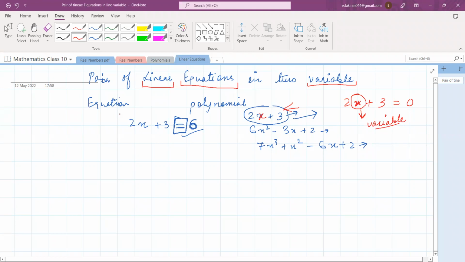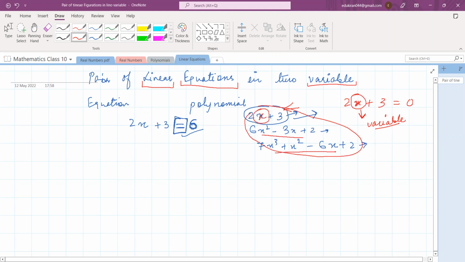Understood? Okay. Yes. Now, let me write what is called the general form of a linear equation. And there is one thing. So far you have learned about polynomials like this, where there is only one variable. This one has a variable x, and this one is a polynomial in x, and so is this one.